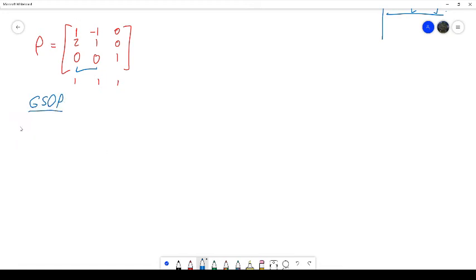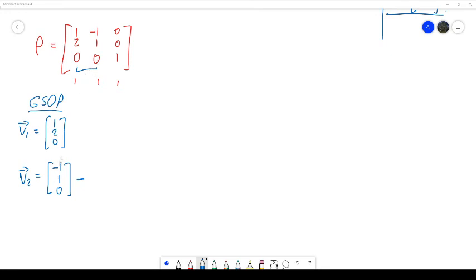So let's just do that now. We have v1 is going to be the original first vector, x1, and then v2 is going to be x2 minus the projection of x2 onto v1.